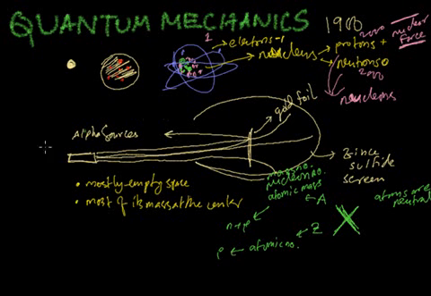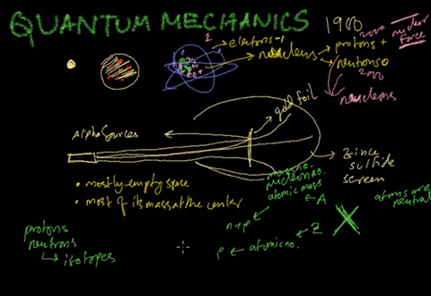When atoms have the same number of protons but different numbers of neutrons, we call them isotopes.